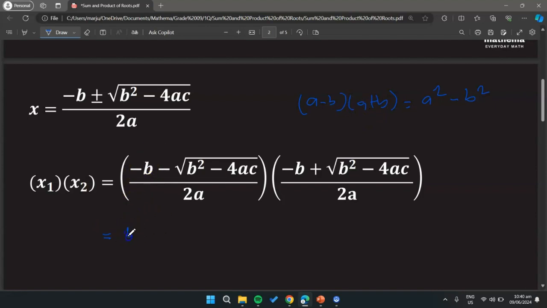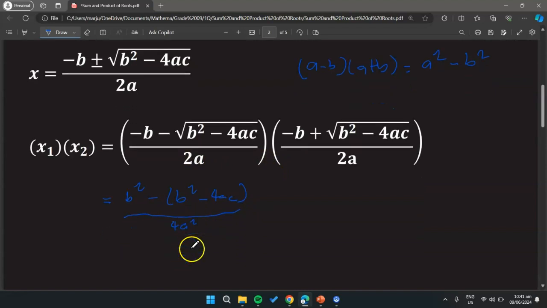That should give us negative b squared. So that is just b squared minus, what is our b squared? The entire terms inside the radical. That is just b squared minus 4ac, and then all over 2a times 2a, that is 4a squared.